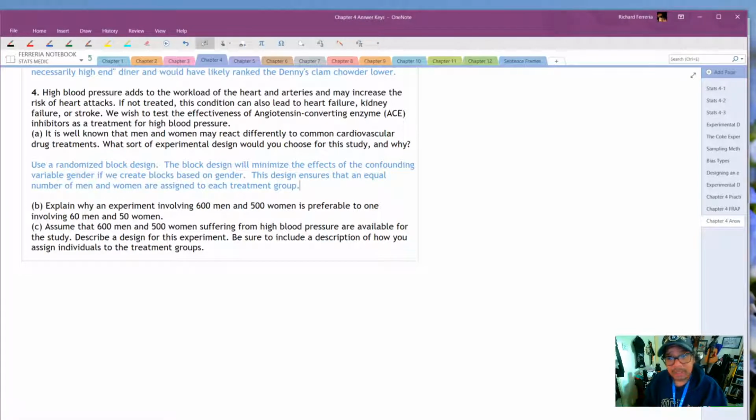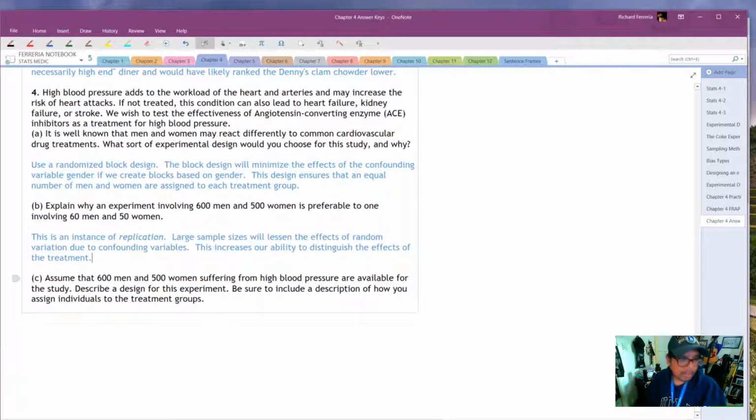Big sample sizes are always better. So this is the experimental design principle of replication at work. Large samples will always have the effect of lessening the random variation due to confounding variables.